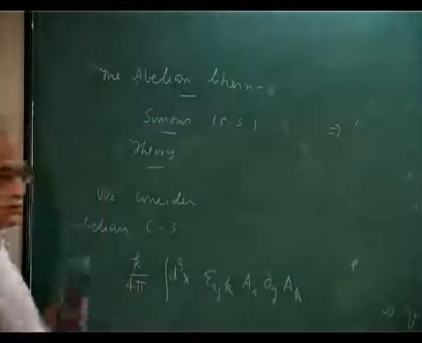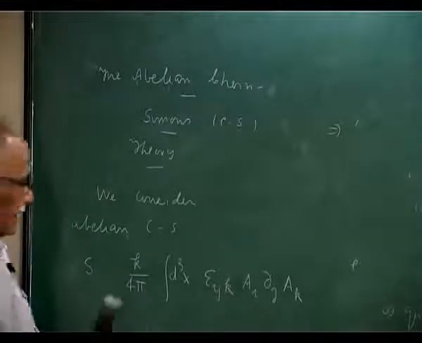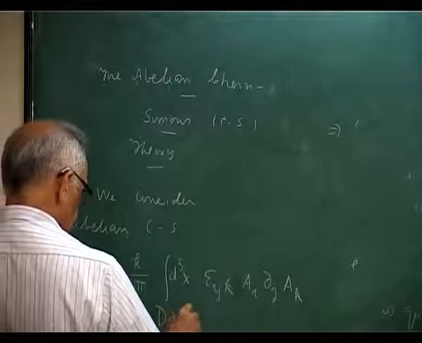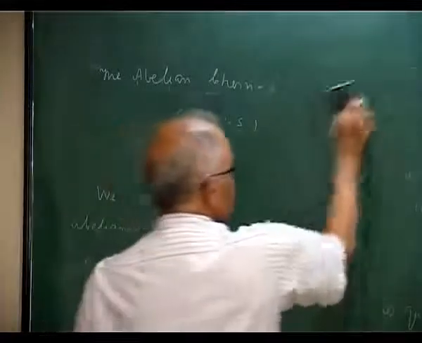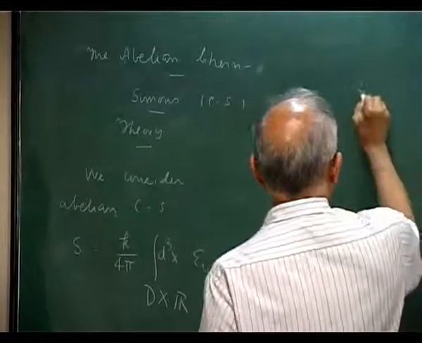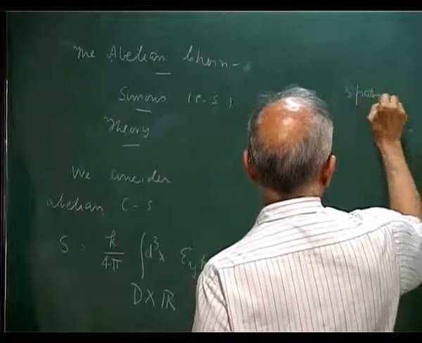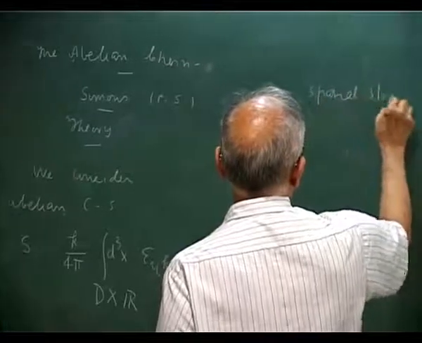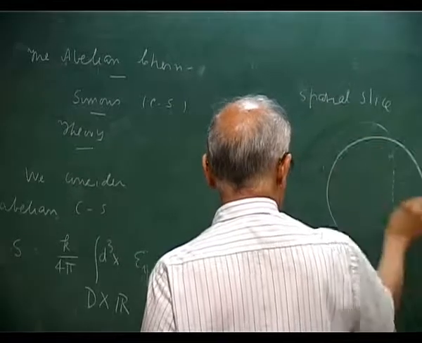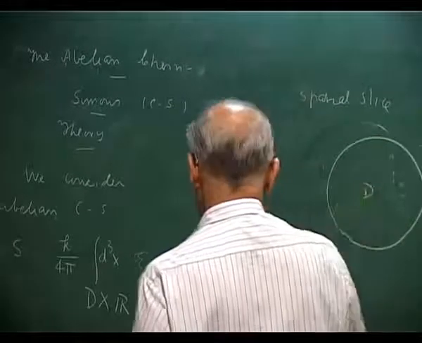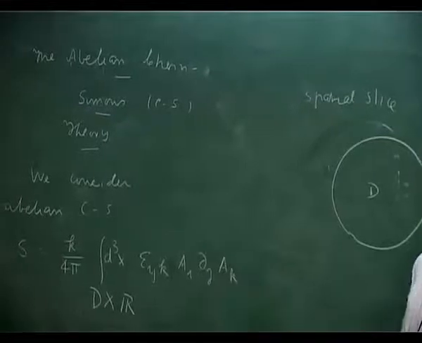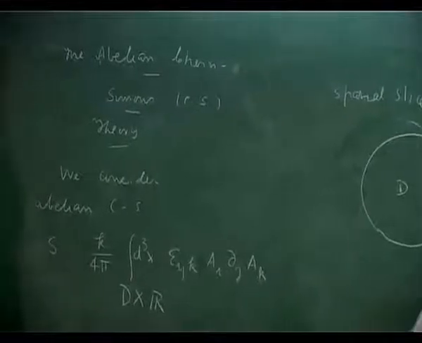I am working in 3 dimensions, and I will deliberately use a topology of a disk cross R. That is, I will not consider all of space. So the spatial slice will be a disk, let us say a circular disk. Does not matter whether I write it as a circle or whatever, because this object has no metric. This is my whole action.